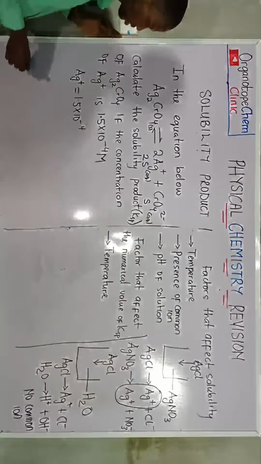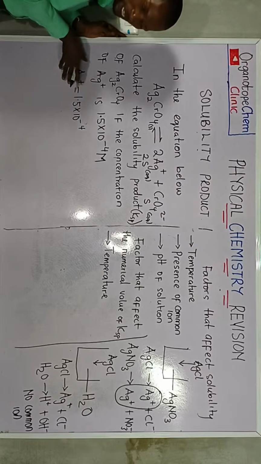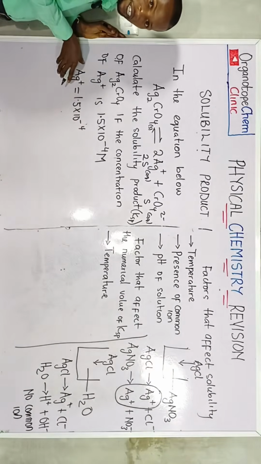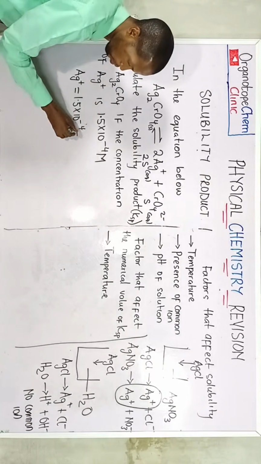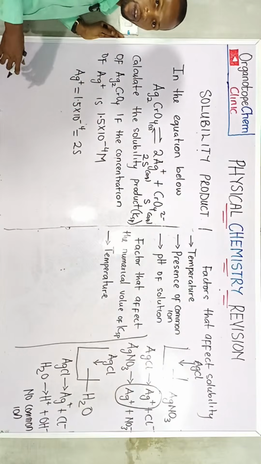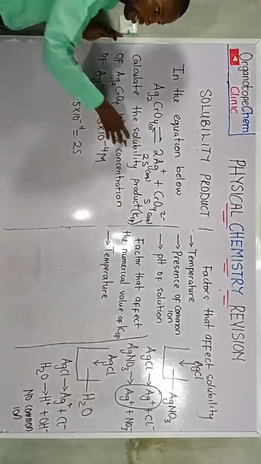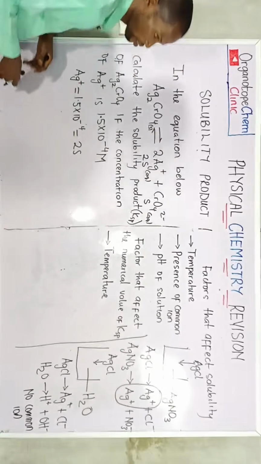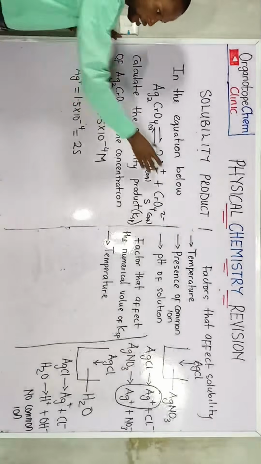Is that okay? So that implies that the solubility of the silver ion given here is for what? The 2s, because it is for the entire silver plus that we are having here. So the concentration given is for the entire Ag+.